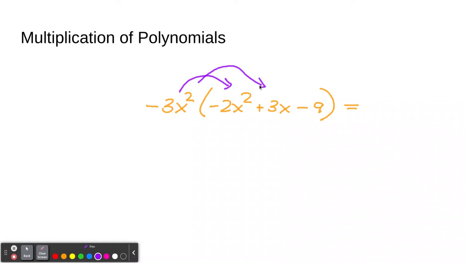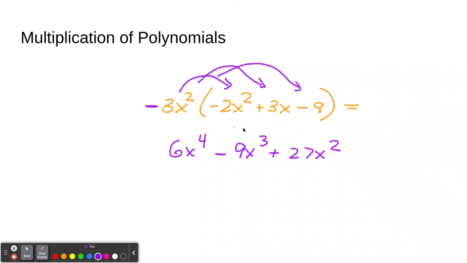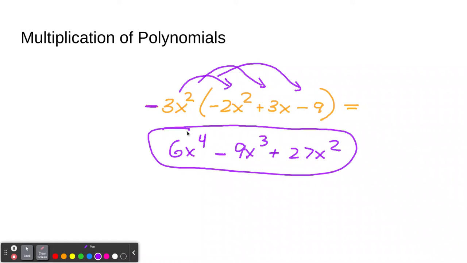We're going to distribute it right out and multiply. Negative 3x squared times negative 3x. Keep in mind, it's negative. Negative and negative is a positive, so this will be 6x to the fourth power minus 9x cubed, and then plus, remember, negative and negative is plus 27x squared. And you see the variables are going down in descending order. So this would be the answer.